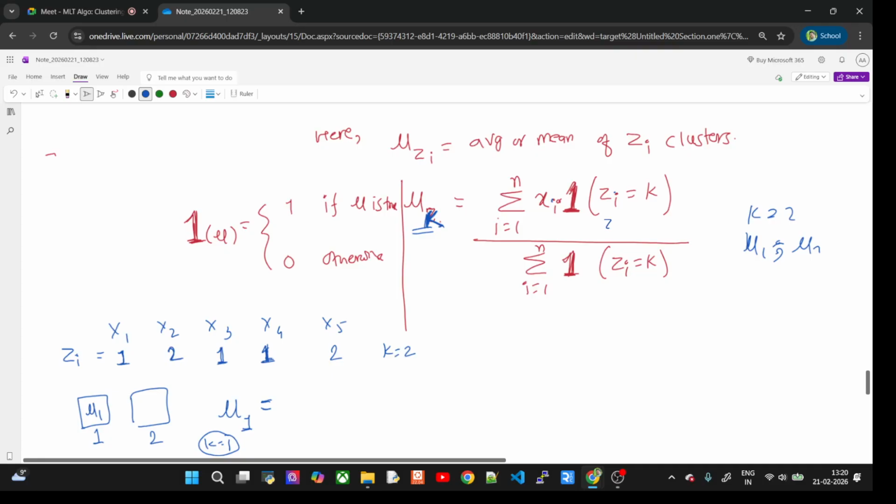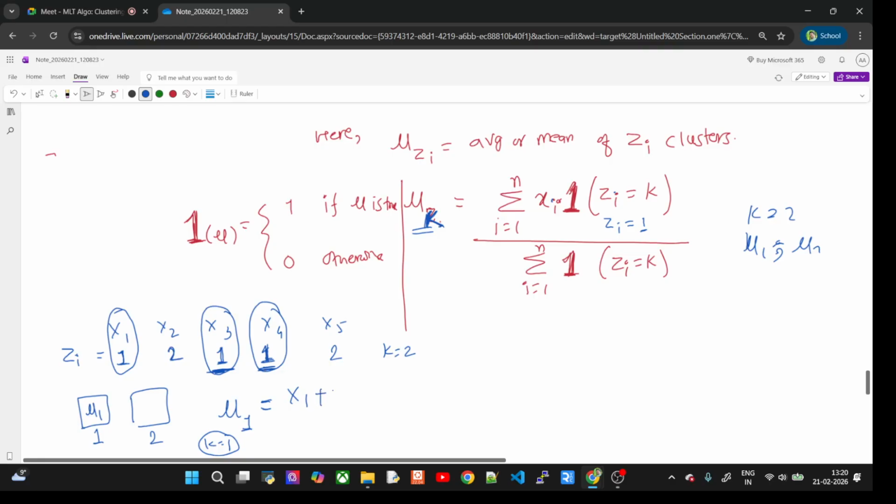So whenever zi equal to 1, what are those? It is x1, not x2, sorry, here x3, and x4 also has value 1.